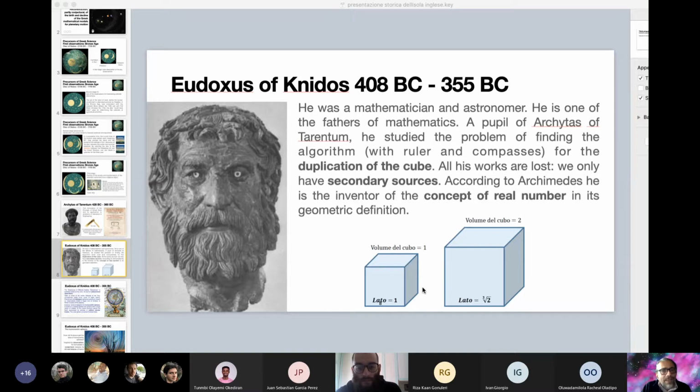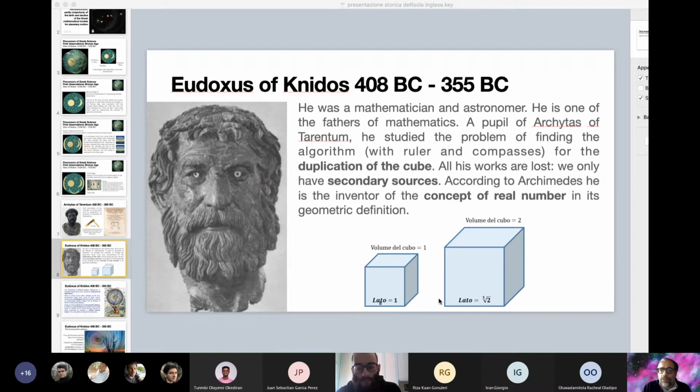I want to make you understand why the problem of the duplication of the cube was so important. So the problem is the following. You have a cube having side 1, and the volume is 1. Then you have a cube whose volume is 2.